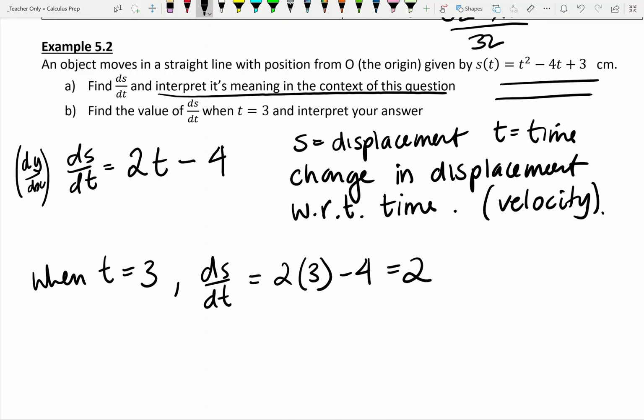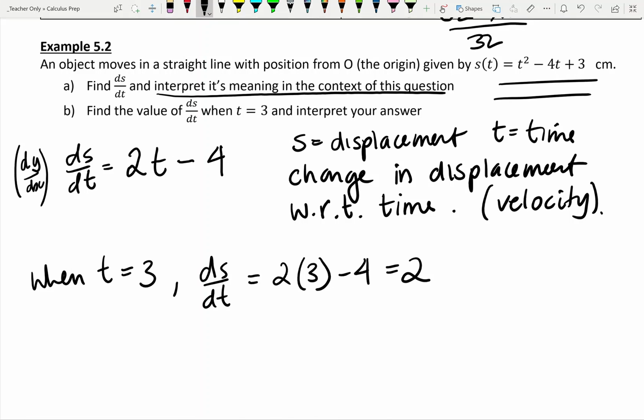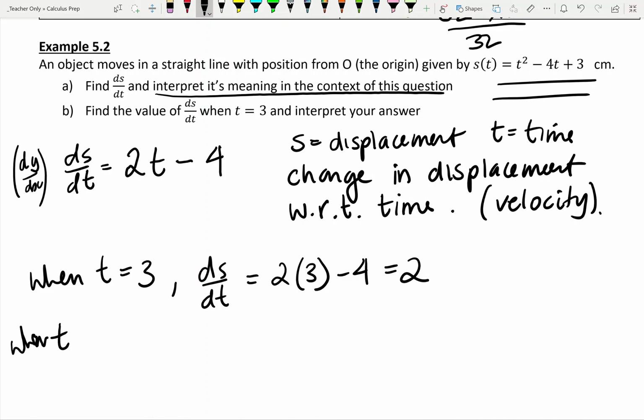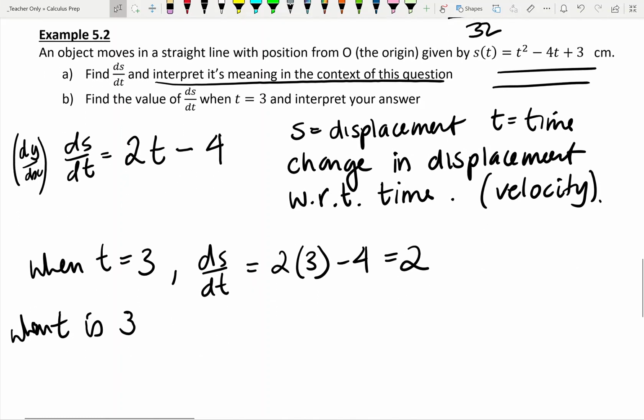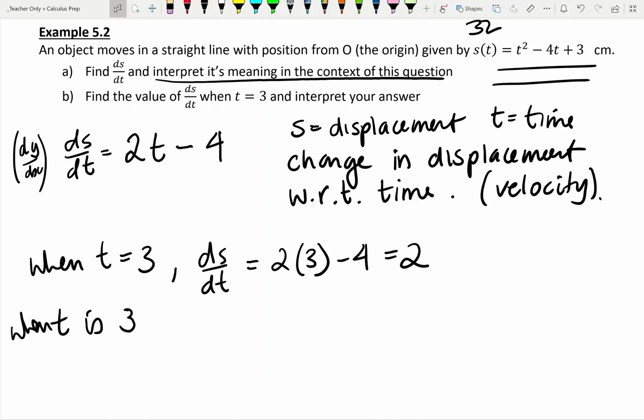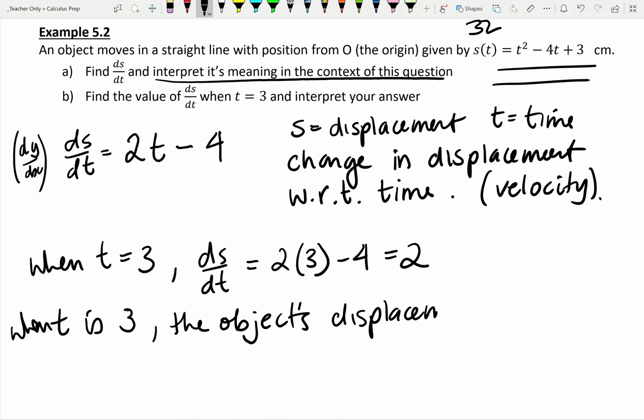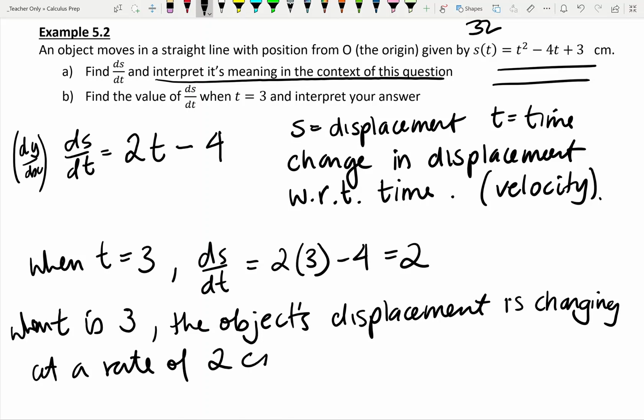So that means when t is 3, and I don't think we've got any information about time, so presumably time is seconds or minutes, the object's displacement is changing at a rate of 2 centimeters per unit of time.